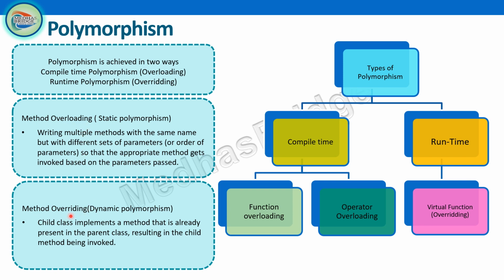Method overriding, also known as dynamic polymorphism. A child class implements a method that is already present in parent class, resulting in the child method being invoked.